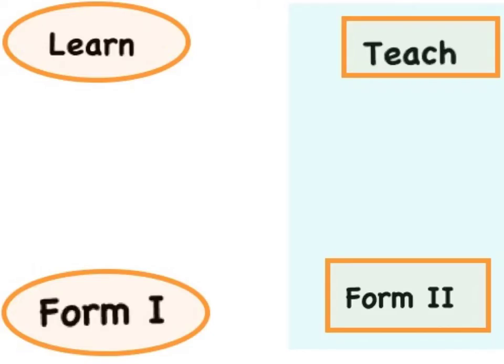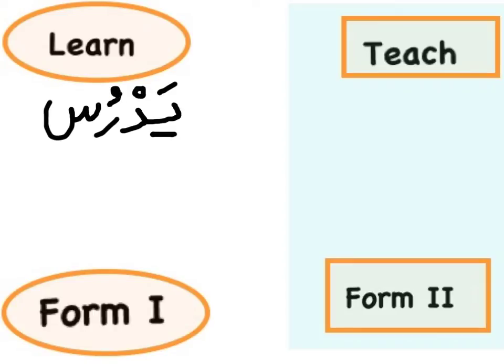The easiest example is the verb yadrus, to learn, to study. In the present we say yadrus, and it's ala wazn, on the pattern of yaf'al.